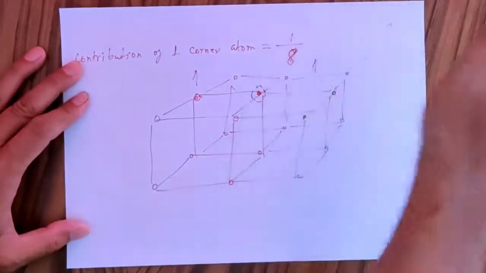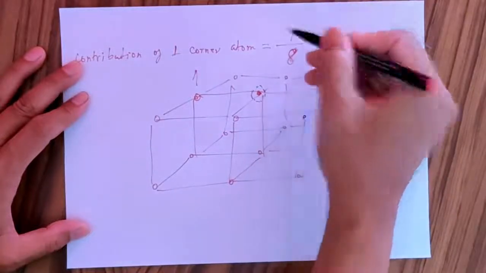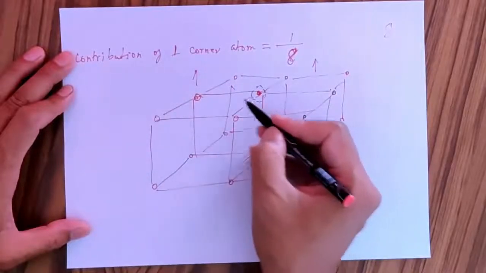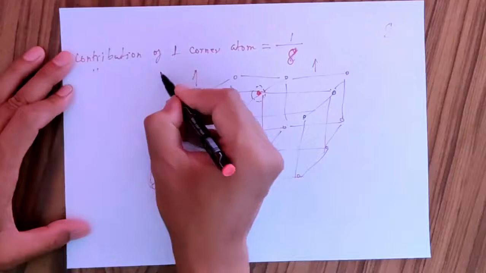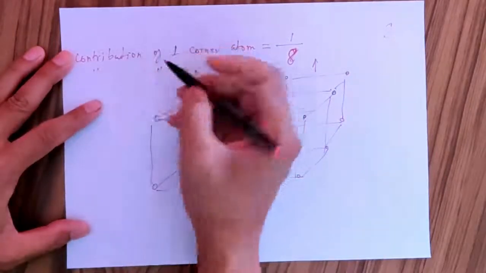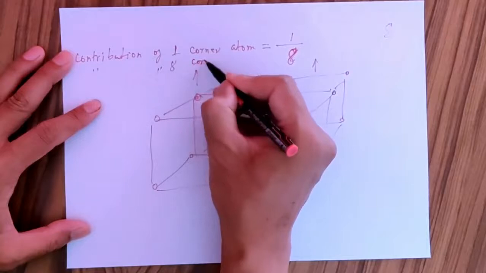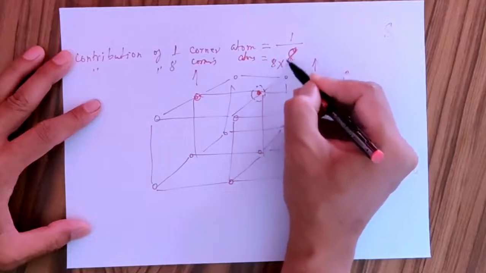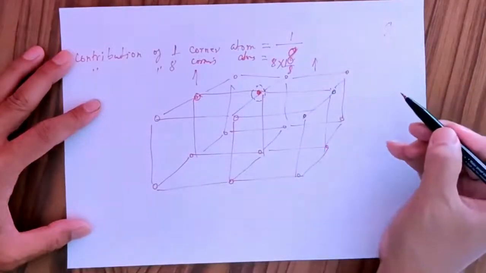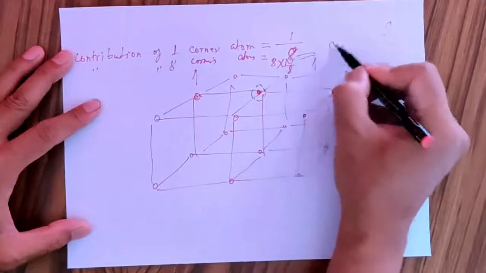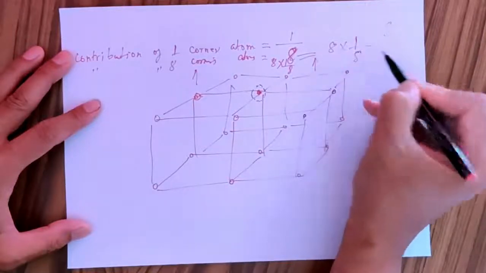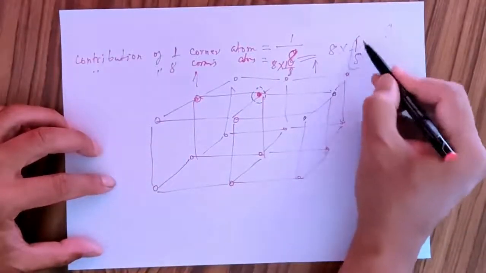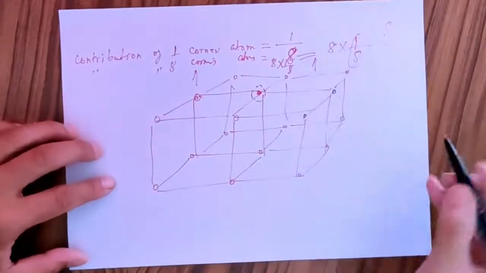In one unit cell, there are 8 corners. Therefore, the contribution of 8 corner atoms is 8 into 1 by 8. This is the contribution of one single atom, and this is the contribution of 8 corner atoms.